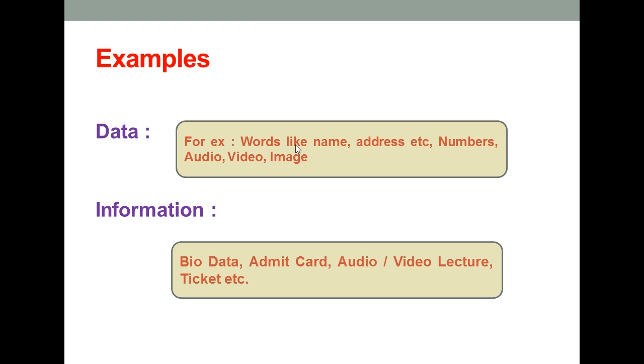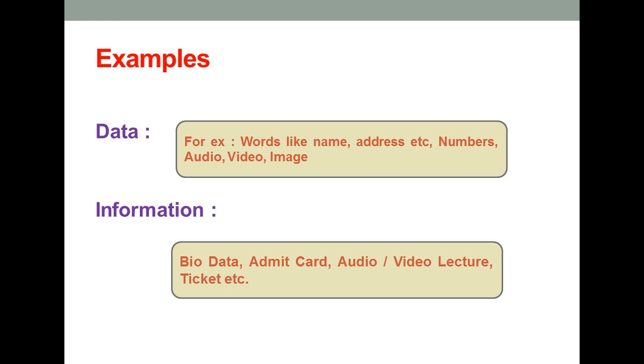For example, if you are saying that words are a form of data, how can we say that? Suppose you are writing your biodata, and you have written only the name within it. Only giving the name and address within the biodata is not sufficient, so at that time it will be known as data.